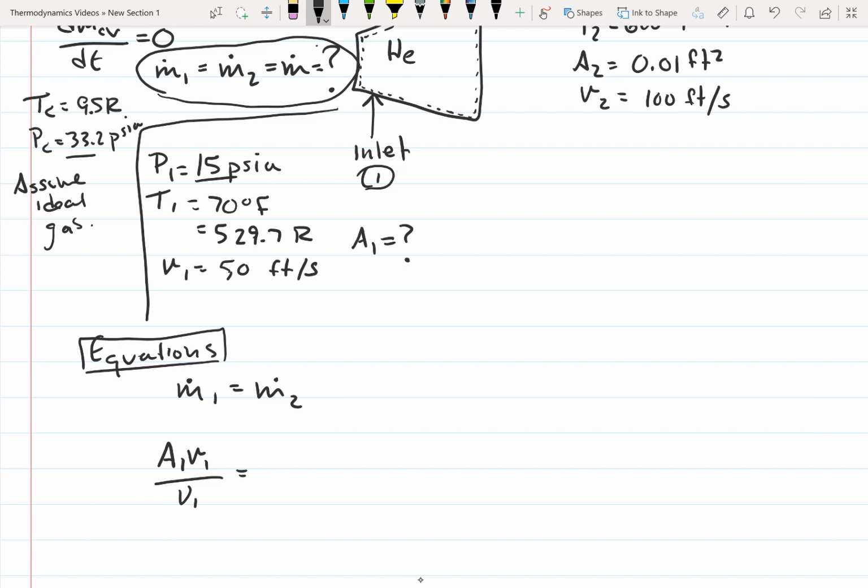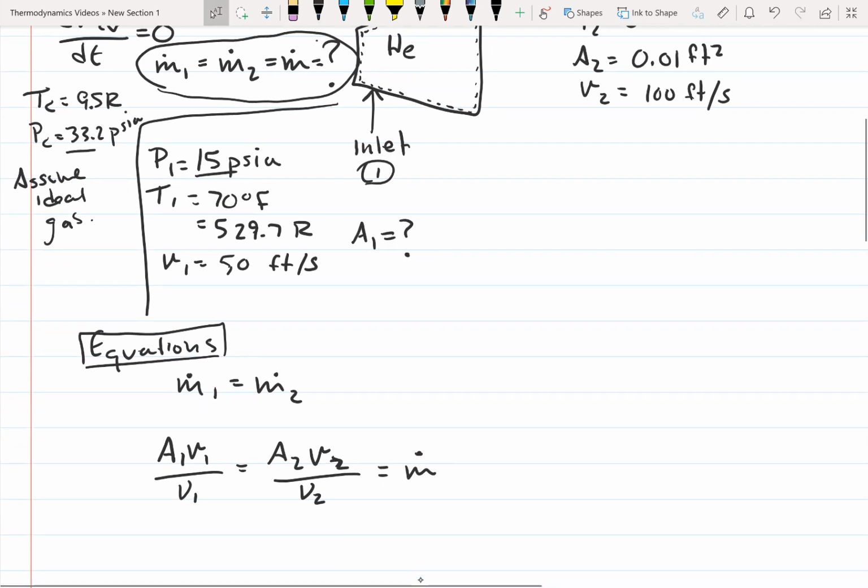That's the mass flow rate at the inlet. The mass flow rate at the outlet is A2 multiplied by the velocity at 2 divided by the specific volume at the outlet. And this is equal to m dot. So what we want to find is the mass flow rate.